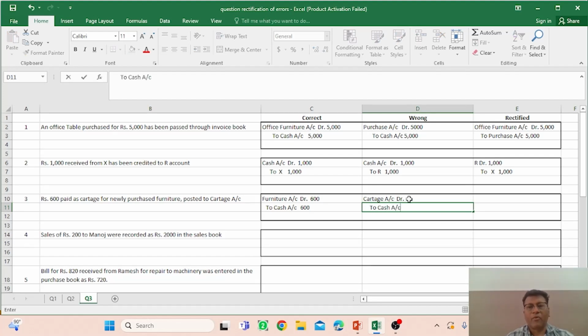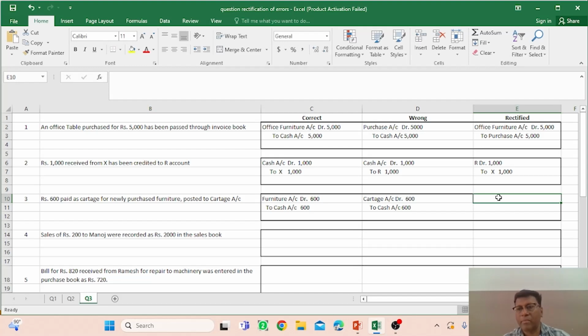Okay, and what is the amount? The amount was not mistaken. Okay, so cartage account debit rupees 600, and to cash account rupees 600.